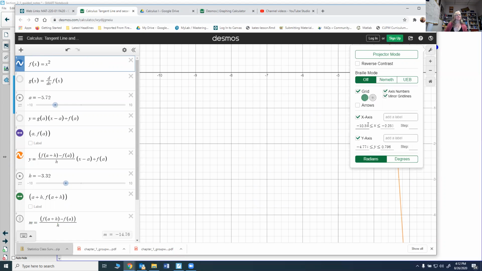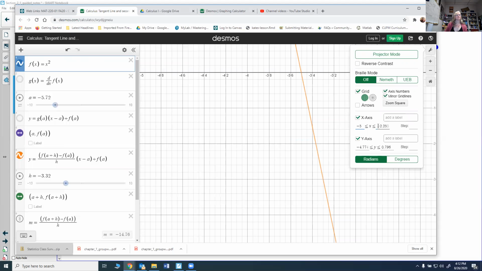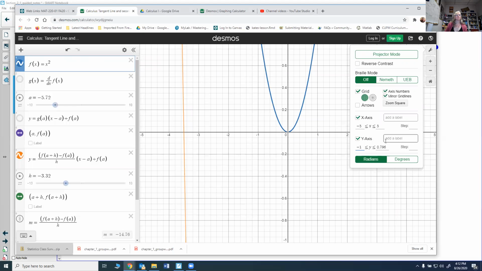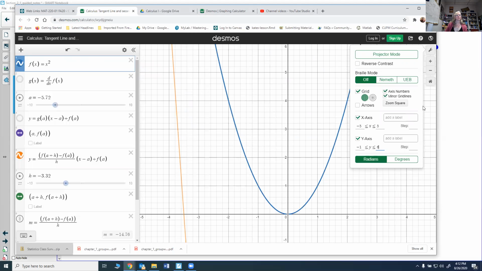So I'm going to change my x-axis to go from, let's say, negative 5 to 5. And I'm going to change my y-axis to go from negative 1 to, I don't know, I guess 6, so we can see a little bit more of what's going on.